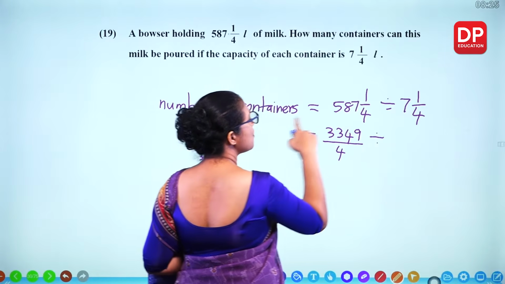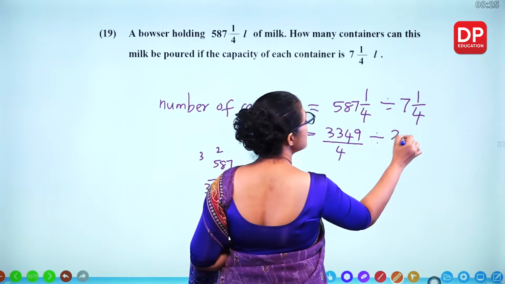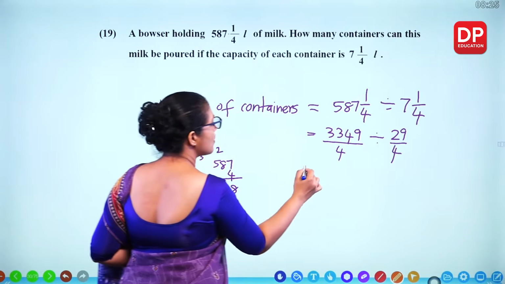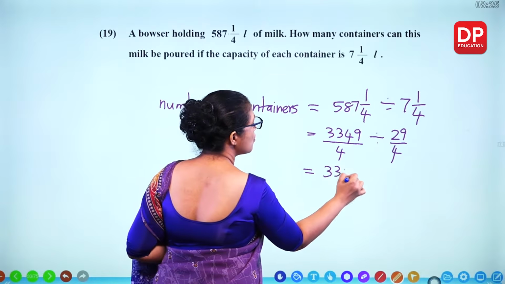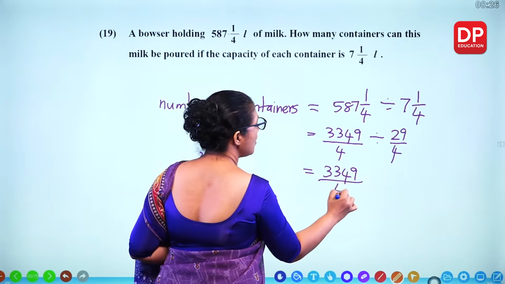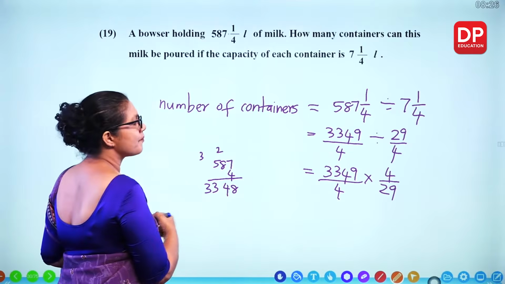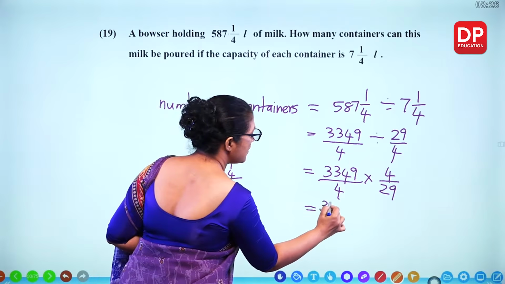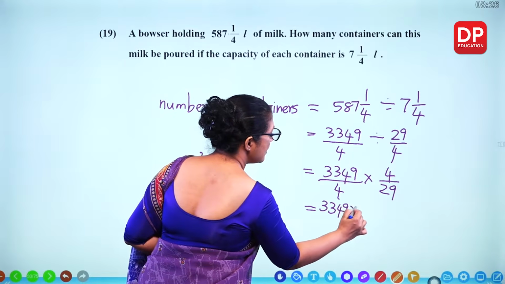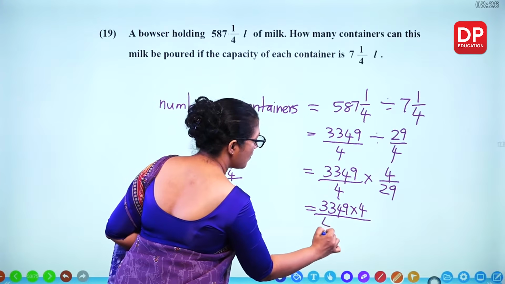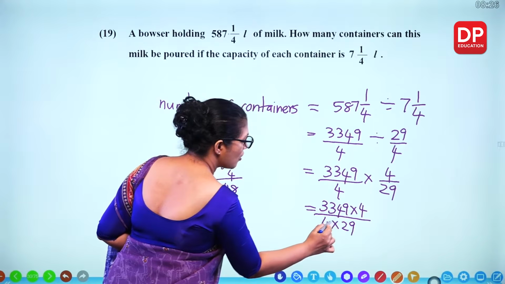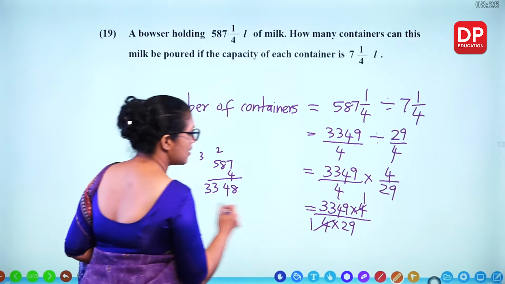Divide by 7 times 4, 28 plus 1, 29. Now convert to a multiplication by taking its reciprocal. Now multiply the numerator separately, the denominator separately, and cross out the common factors.